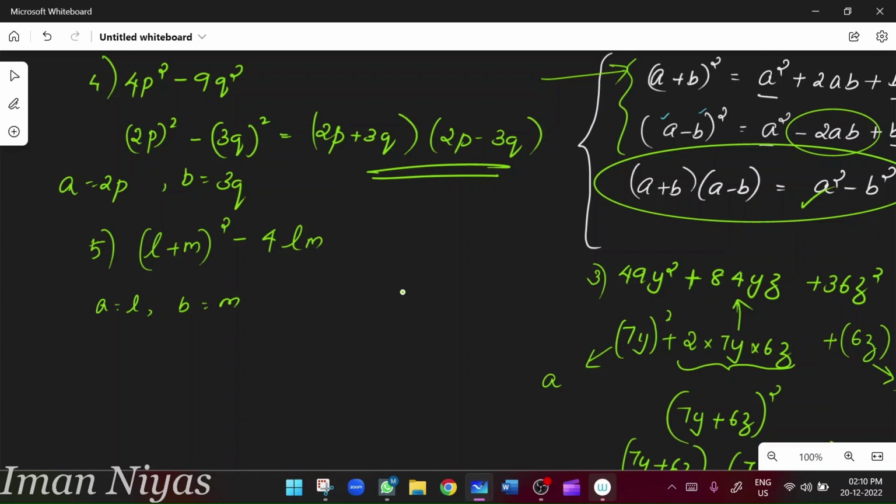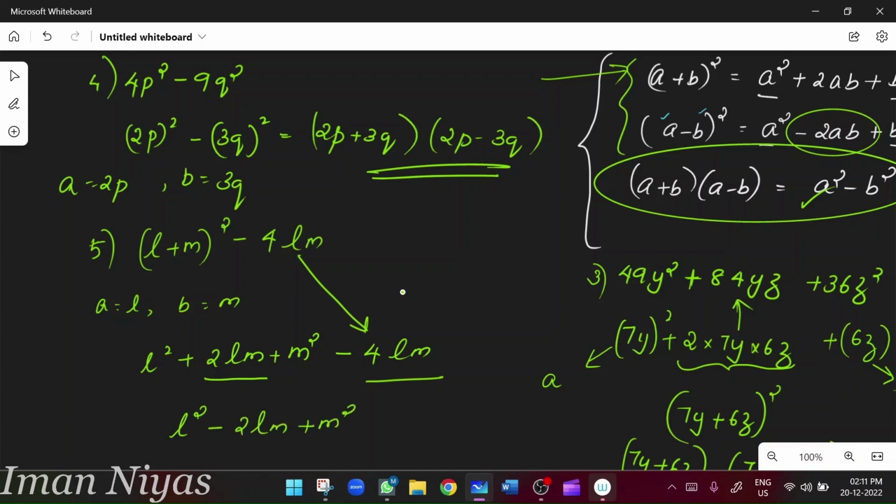What is a plus b the whole square? A square plus 2ab plus b square, right? And we have here minus 4lm from the question itself. So you can see here plus 2lm and minus 4lm. What will be the final one? L square minus 2lm plus m square, right?